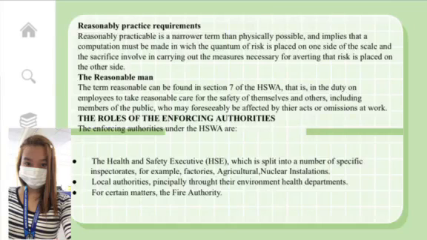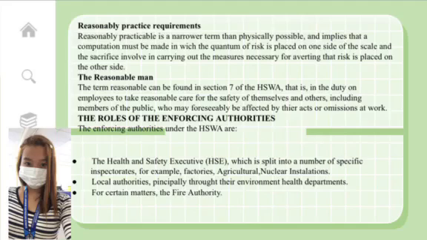Third, reasonably practicable requirements. A duty qualified by the phrase so far as is reasonably practicable implies a lower or lesser level of duty than one qualified by so far as practicable. Reasonably practicable is a narrower term than physically possible.